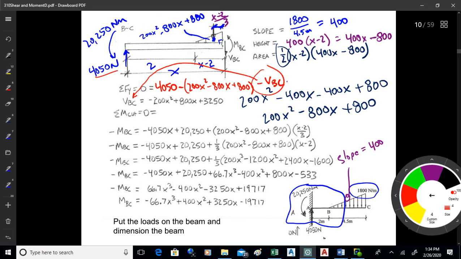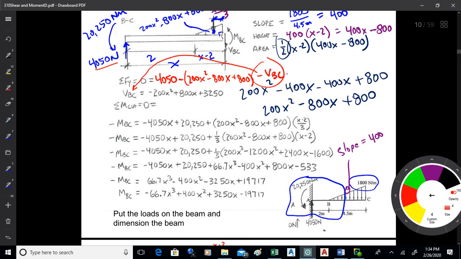And then I've got what's left over: negative 200x squared minus a negative 800x, so that's plus 800x, minus 800 plus 4050, which comes out to be 3250. So there's my shear expression right there.